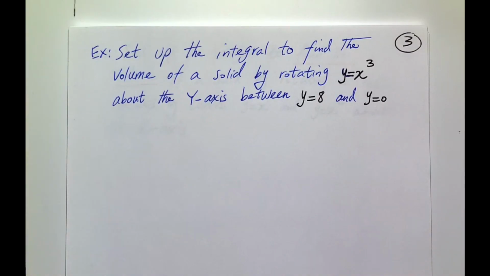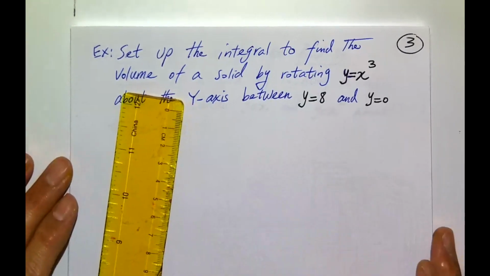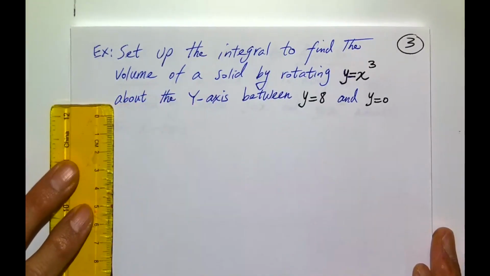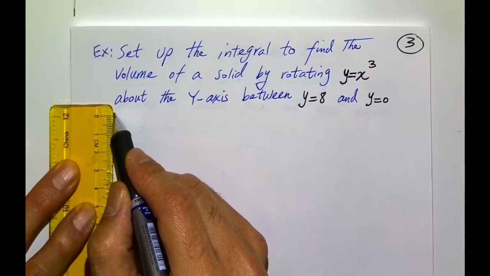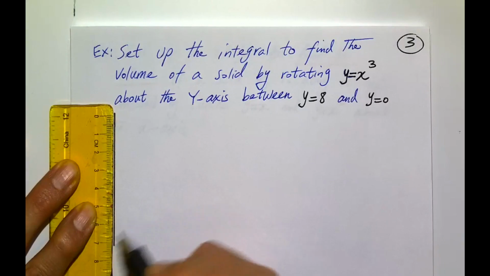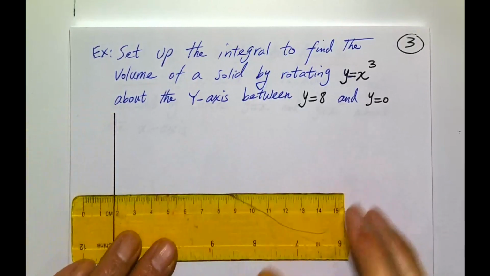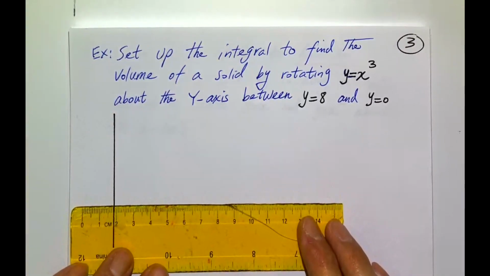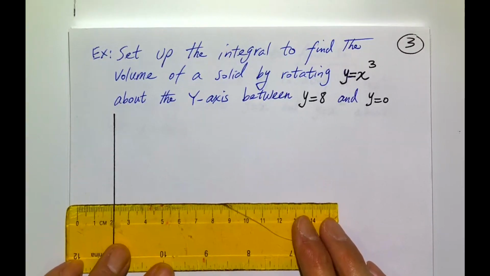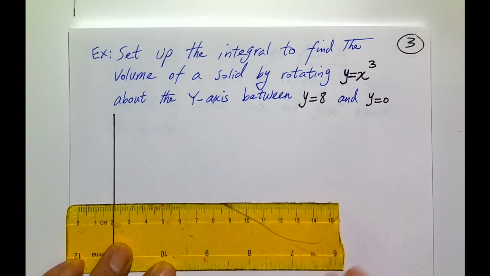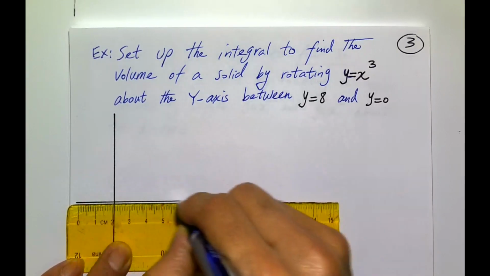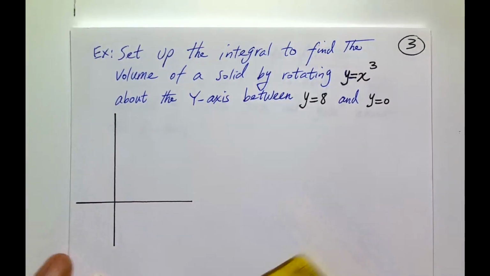With all these examples, by the way, I know many of us, including myself, prefer not to draw too many things, but it helps if you do. I know it helps me visualize the problem better. So let me try my best, even though I'm not so good at this, to draw a half decent picture to help us see what this problem is asking.